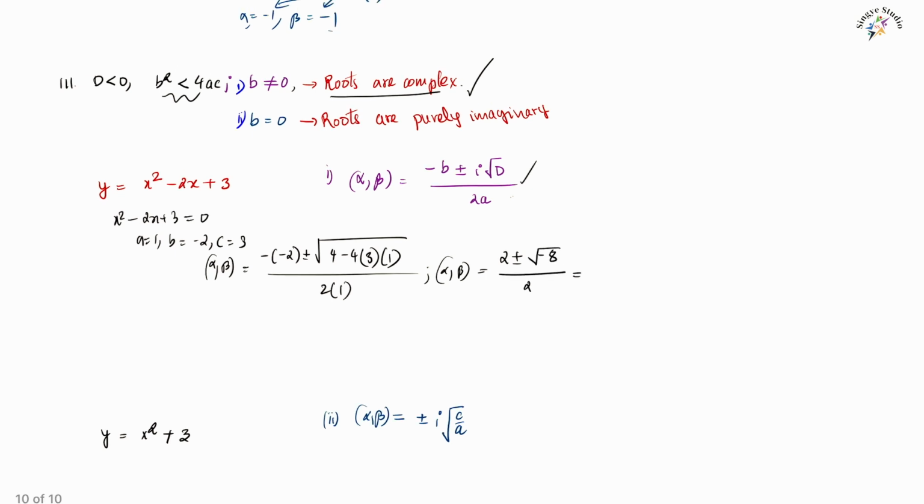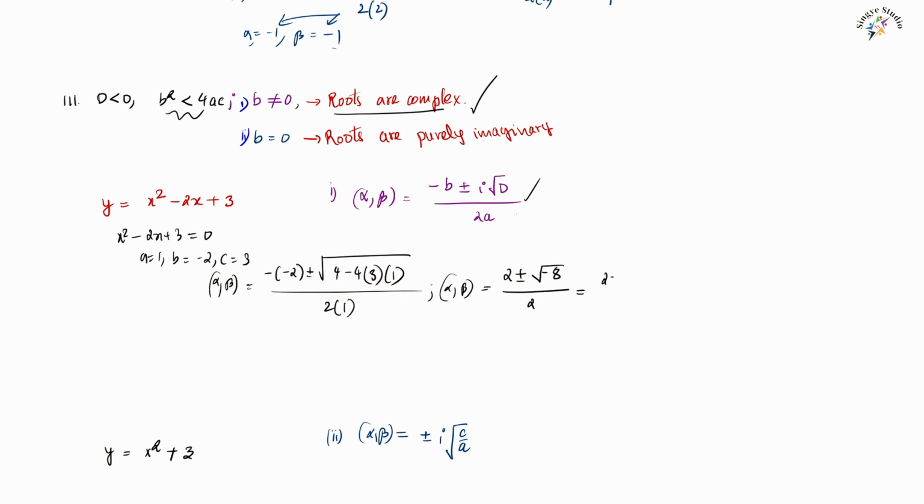So I can write this as 2 plus or minus i root of 8, upon 2. And I can also write plus or minus 2i root of 3 upon 2.